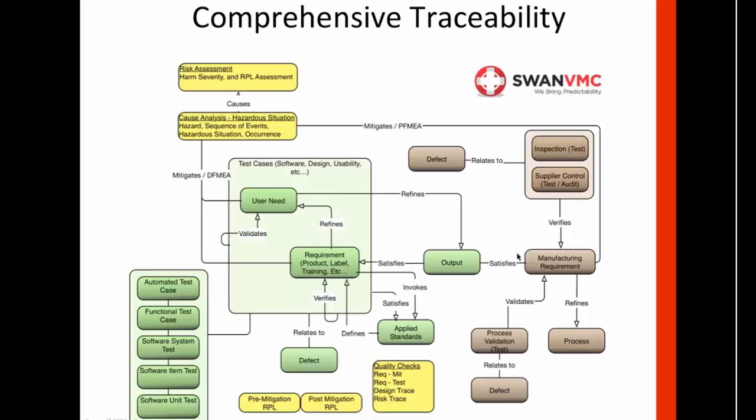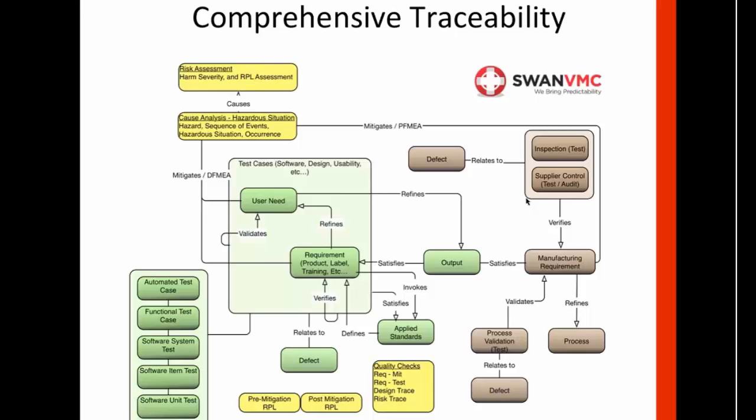So essentially what we want here is a really well-integrated process that uses the requirements that we're going to test for closure. We want to use those requirements directly as mitigations to the hazards.